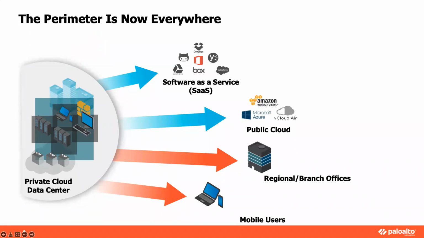What we have now is a situation where most of your information is not inside your perimeter. You've got your software as a service, your SaaS applications, where you've got Box, you've got Office 365, you use Salesforce, you've got G Suite, Dropbox and all kinds of different applications you use. And you've got important proprietary information there that is no longer inside your perimeter. So you have to protect that.